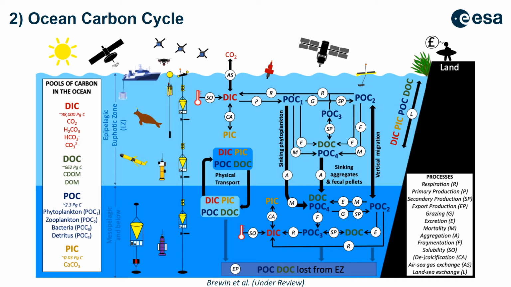And a small portion of that carbon can then flow down into the deep sea. Okay, so we can use satellite observations to monitor some of these pools and these processes in the ocean, as shown by the red boxes here.